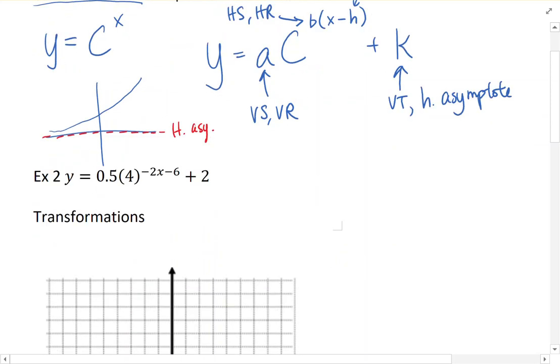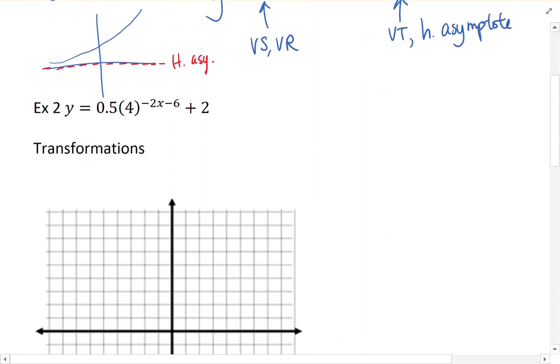So let's put this into practice. We have this function here, y equals 0.5 times 4 to the power of negative 2x minus 6, plus 2. First off, let's break down the different transformations that we have. This 0.5 is a vertical compression. This 4 is not a transformation, it's actually our base. This is our c, okay?